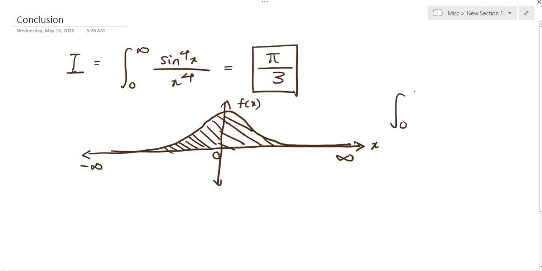So integral from 0 to infinity of sine to the 4th of x divided by x to the 4th dx is basically the area from 0 to infinity, which is, as I just said, the same because they are mirrors of each other. They're symmetric about the y-axis, equal to the integral from negative infinity to 0 of sine to the 4th of x divided by x to the 4th dx.